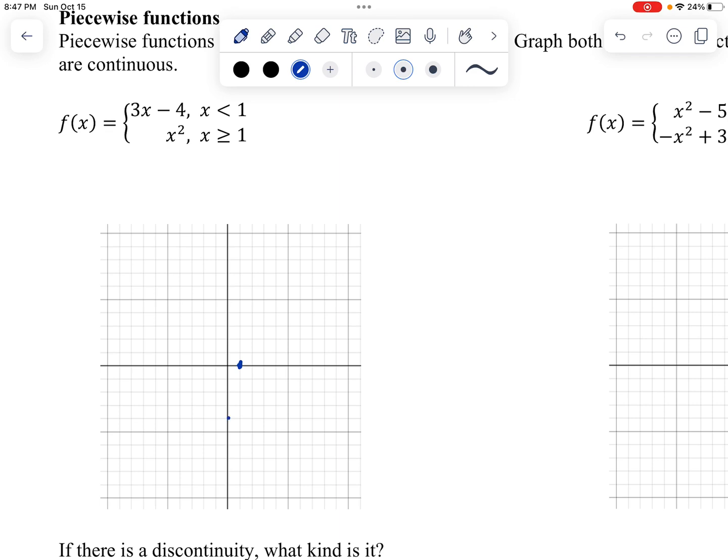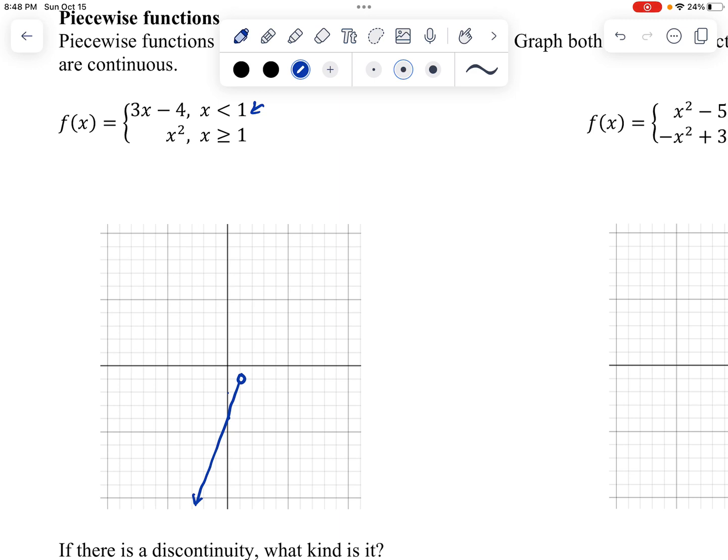So here's minus 4. If I put in 0, I have minus 4. 1, 2, 3. If I put in 1, I have negative 1. Here is my function when x is less than 1. And it's strictly less than, so I'm going to put a hole here. There we go.